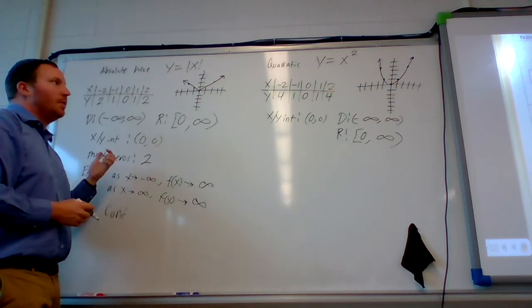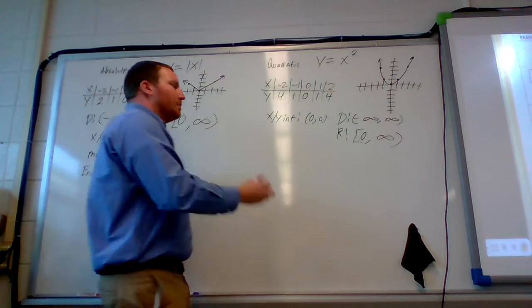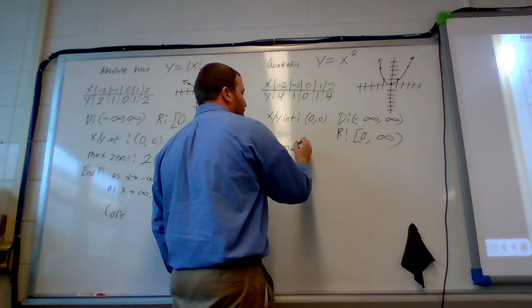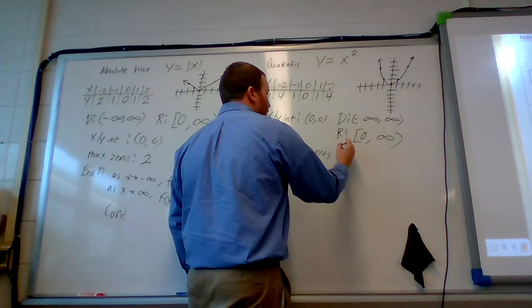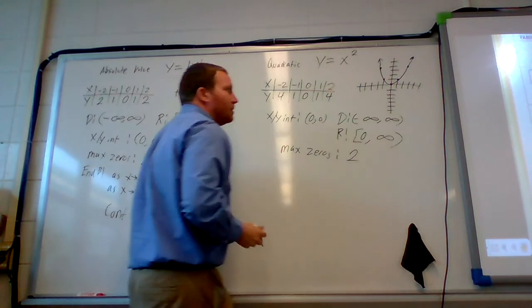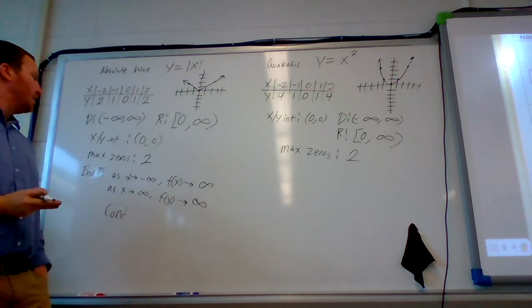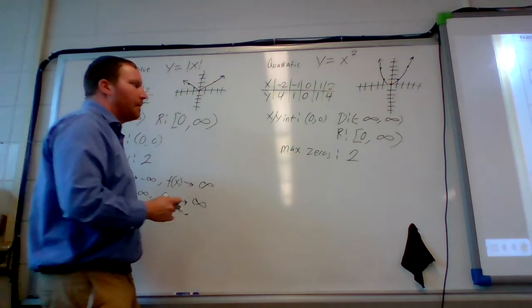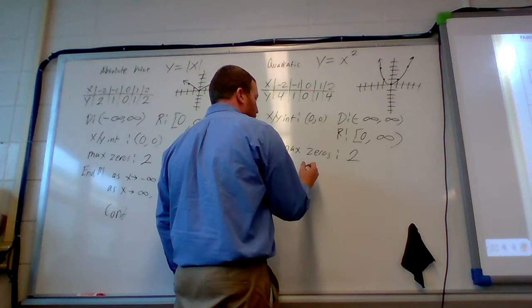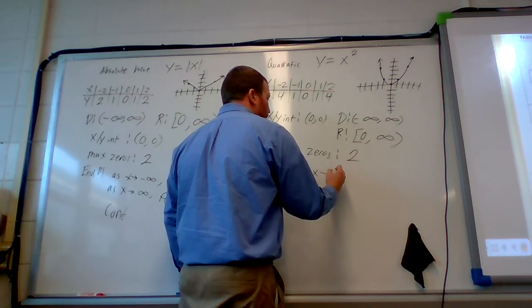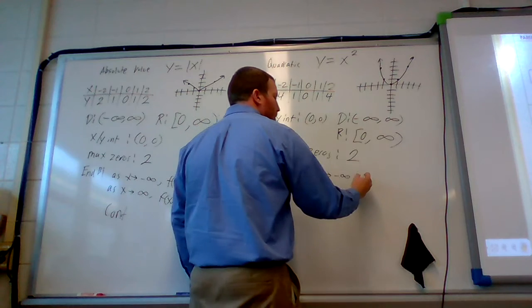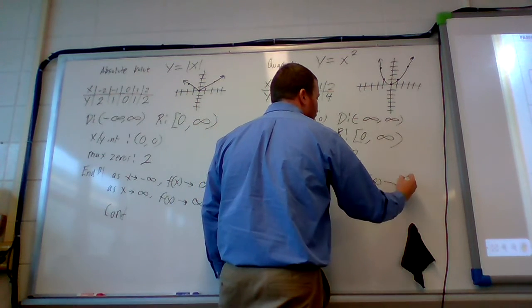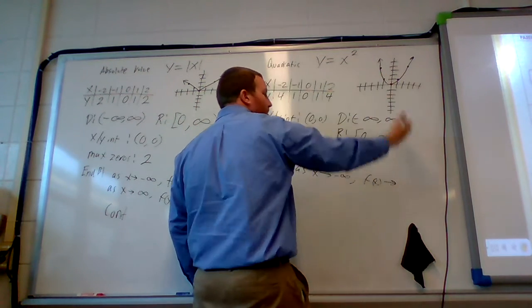What about our maximum number of zeros? What do we think that is? 2. Right. Just like our absolute value. What do we think our end behavior is going to be? So as x approaches negative infinity, f of x approaches positive infinity.